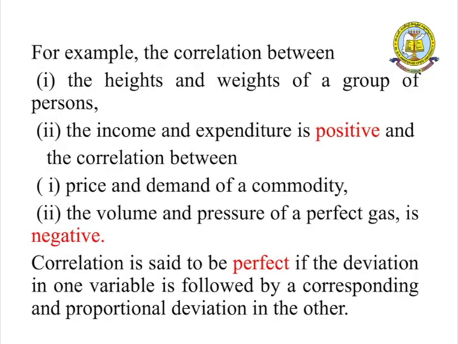For example, the correlation between the heights and weights of a group of persons, and between income and expenditure, is positive, and the correlation between the price and demand of a commodity, and between the volume and pressure of a perfect gas, is negative.